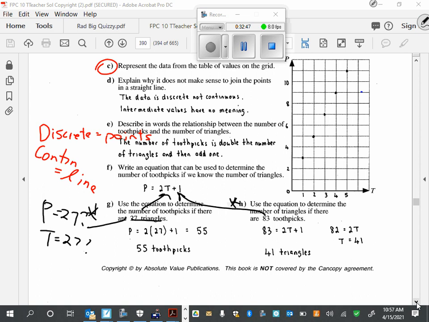The number of triangles, P or T? So this one is T equals 27. This one says toothpicks, so this one is P equals 83, not 27. This one is harder, obviously. Just make sure you don't fall asleep and take the easy way out, or you're going to get that last one wrong.